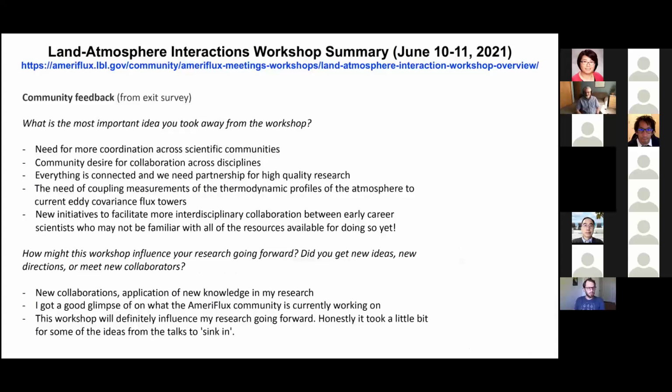There is a need, but there was also a desire for more collaboration, and we started talking to each other and really understanding each other's work. There were also a few comments that this is really important to push high quality research. A few things were, for example, that we should have more thermodynamic profiles at eddy covariance flux towers that have measured surface fluxes over decades already.